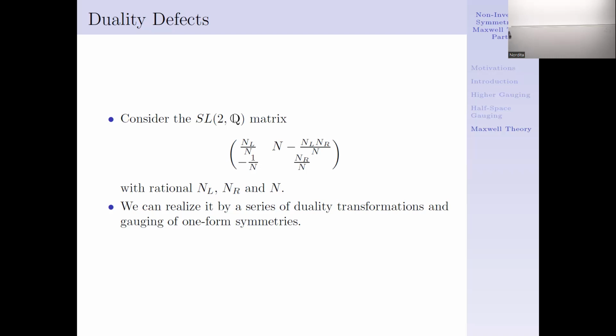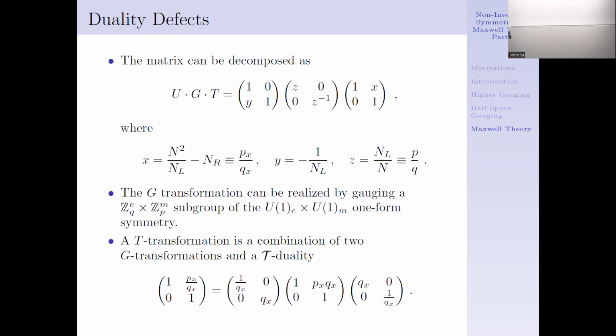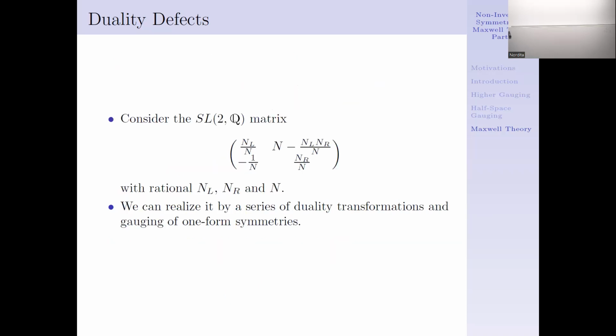Okay, so let's make the observation that we can decompose this matrix in this way, where X, Y, and Z are all rational numbers given in terms of the n's that I had before.